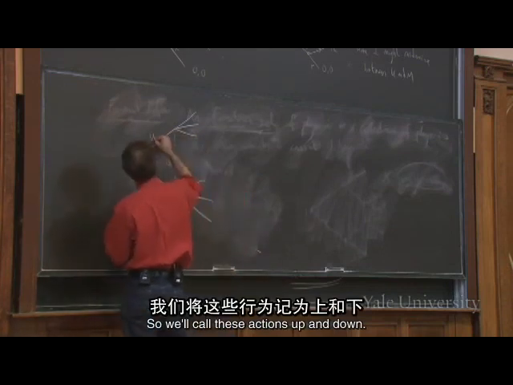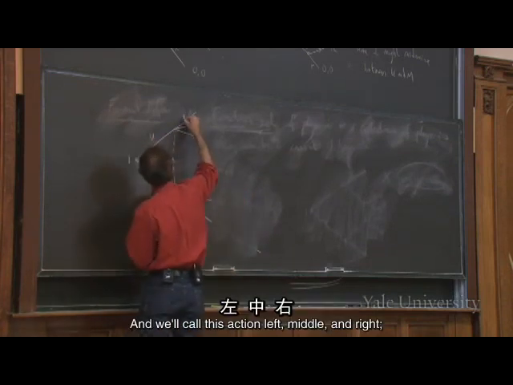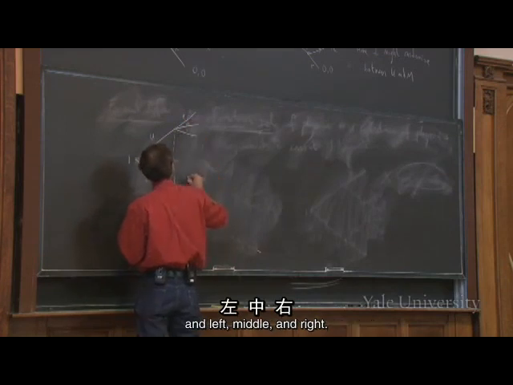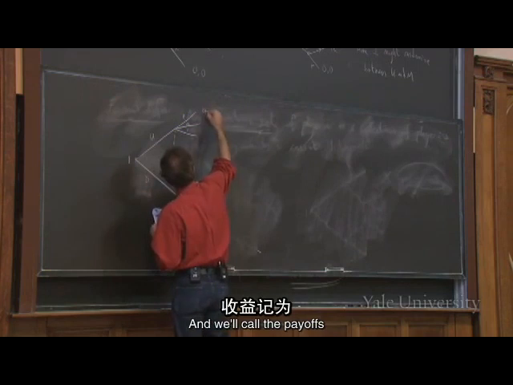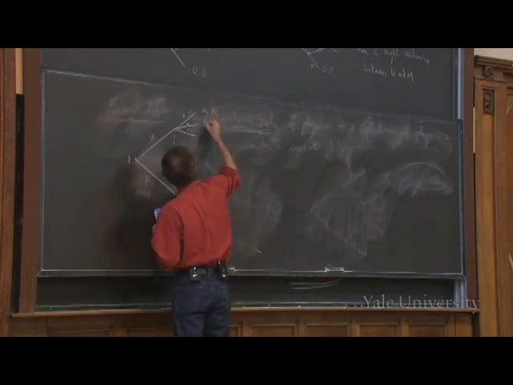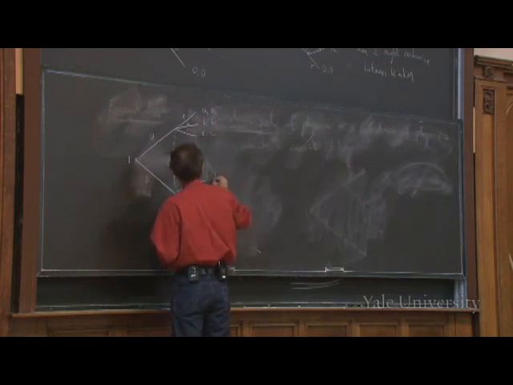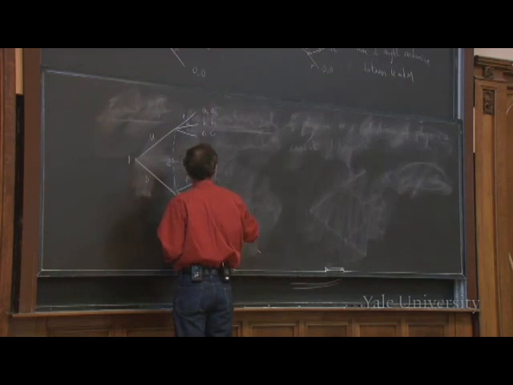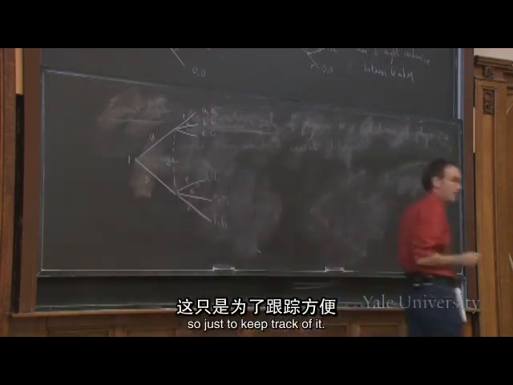We'll call these actions up and down, and left, middle, and right, and we'll call the payoffs A1, A2, B1, B2, C1, C2, D1, D2, E1, E2, and F1, F2. Just to keep track of it.